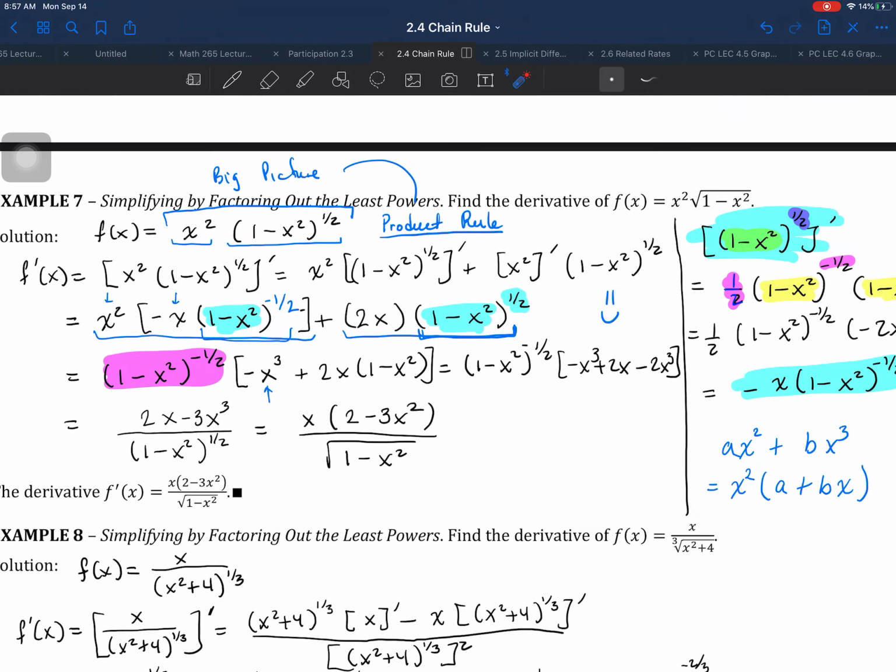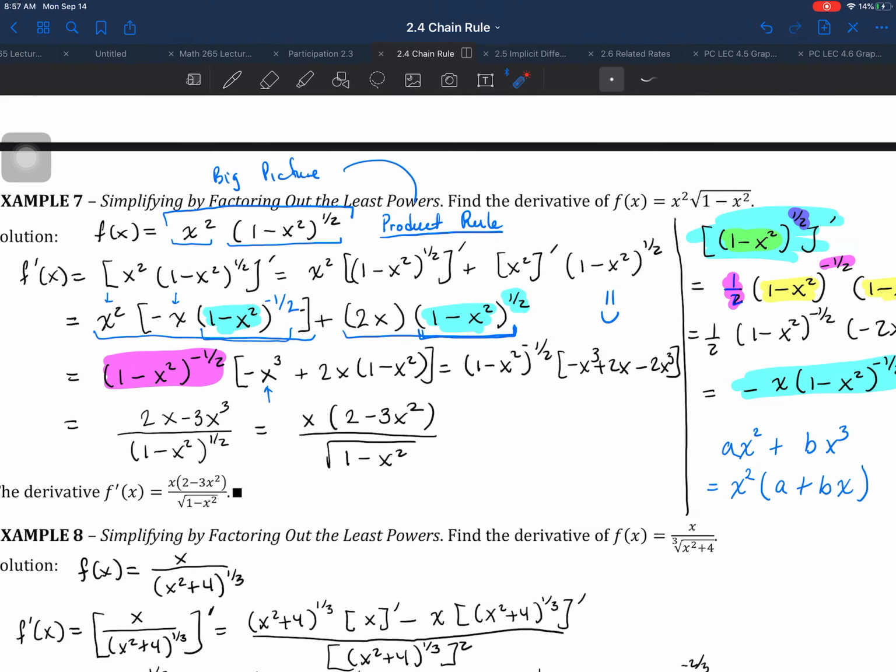Notice that when you multiply this back, when you multiply factors, you have to add the powers. So -1/2 plus 1 gives you 1/2. So in a way, it's like you're adding whatever's there to this, right?